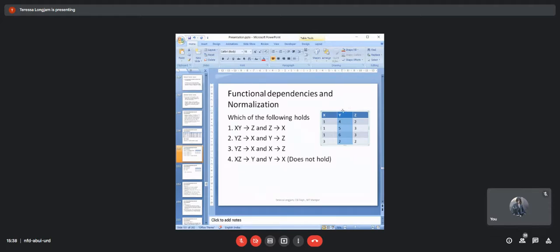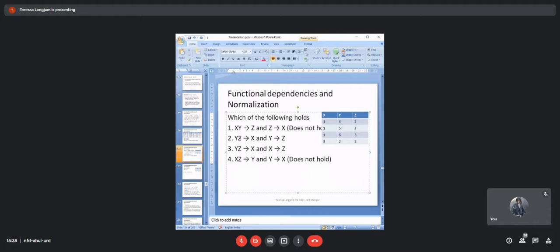The combination of a unique attribute with any other attribute can determine the remaining attributes, so this is always going to be true. What about Z can determine X? No, it is not true. It doesn't hold. So this number 1 also does not hold.